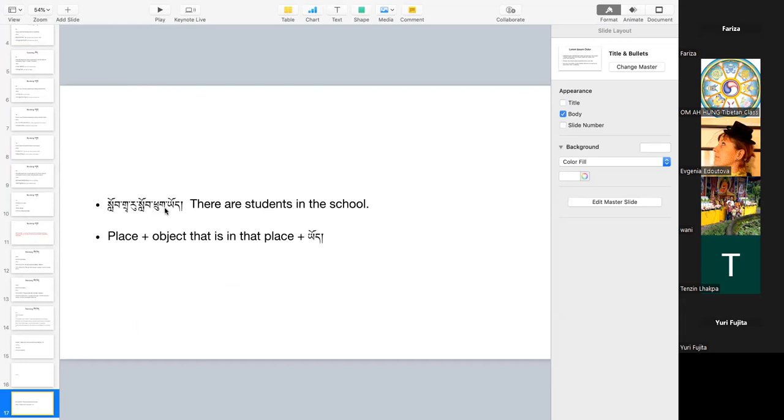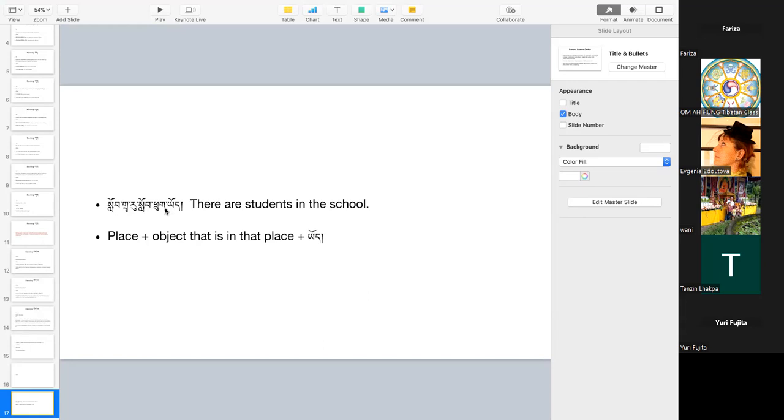In this case, it apparently seems that if I'm saying the statement, that means the first person is saying the statement, right? So if someone else has to say this statement, like if I say that there are students in the school, so it would be then different, right? Yes, in that case.